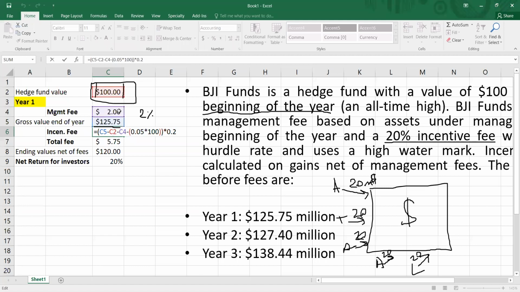So the incentive fee, because I earned 25.75 million dollars as a net profit, and I should receive some incentive fee. And this incentive fee is paid to me as a salary for the good job that I performed.